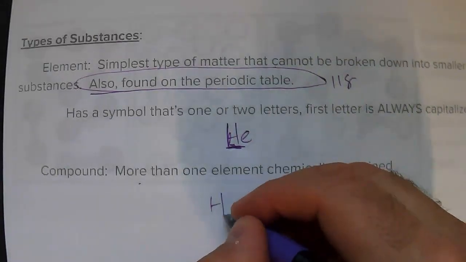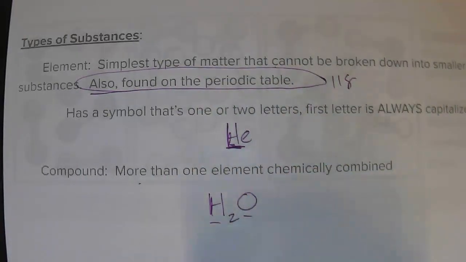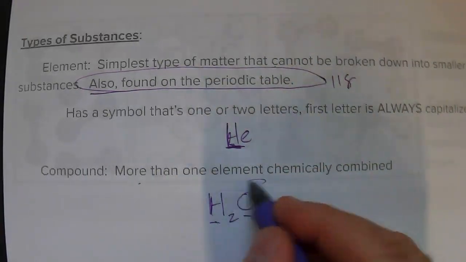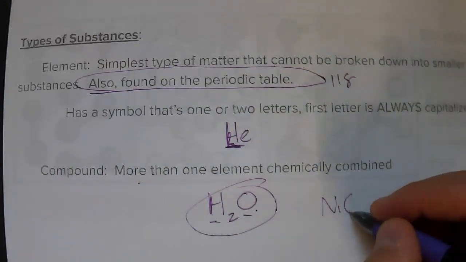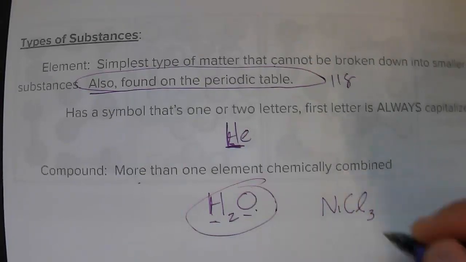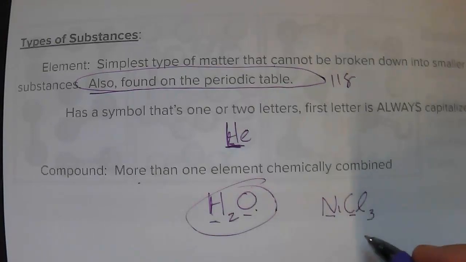So we have something like water, H2O. That means it's two elements chemically combined. Or we may have NiCl3. Capital letter, two elements chemically combined.